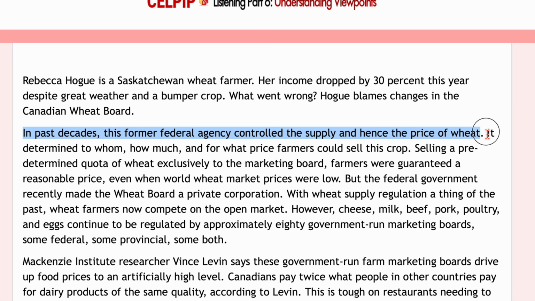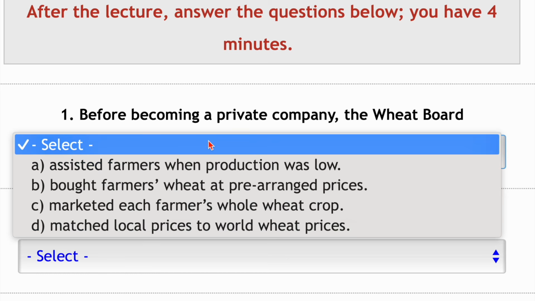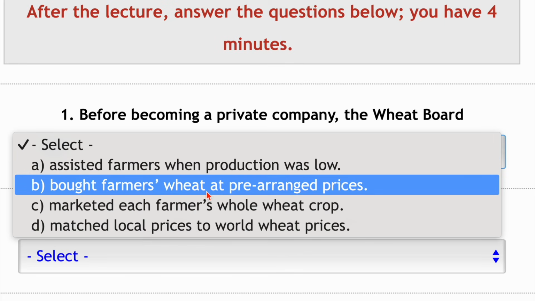Whatever it was, it determined to whom, how much, and for what price farmers could sell this crop. So this means that the wheat board controlled the price of the wheat. So that answer is more B. Not talking about production there and not marketing, okay?